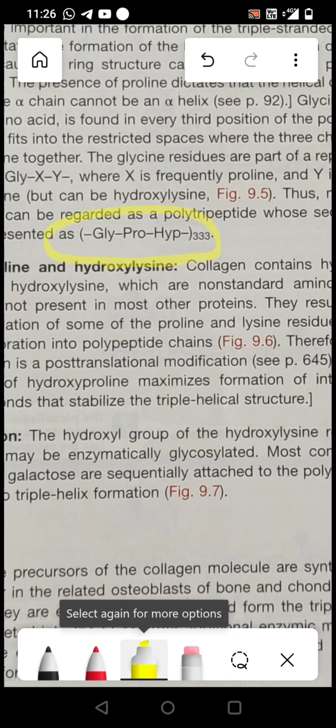And the hydroxylation, for example, of hydroxyproline and hydroxylysine: why do you get hydroxy? After the initial translation of the amino acid polypeptide chain, later on as a post translation.